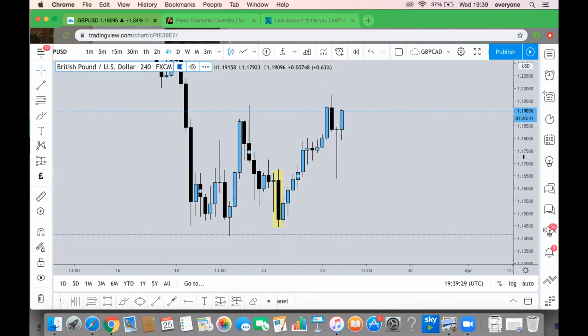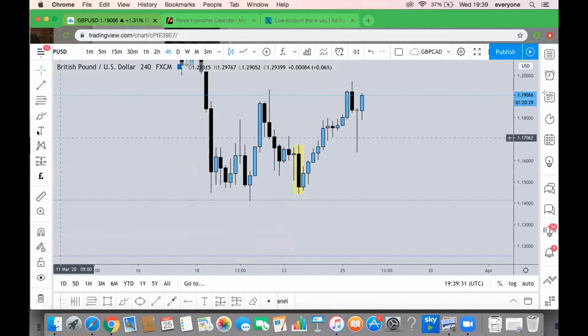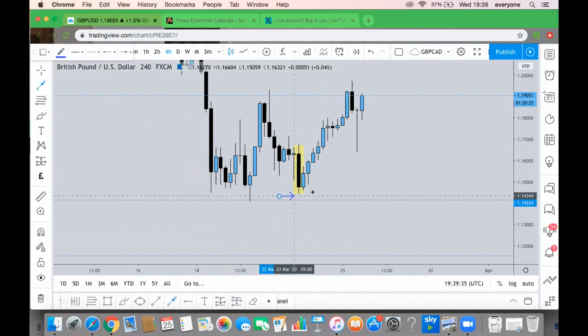So with these moves, you don't have to be the hero, right? And try and catch the bottom. To predict the reversal like here, it's difficult. It's more risky. I'm not ruling it out and saying you can't do it, but it's risky. You don't need to predict the reversal.